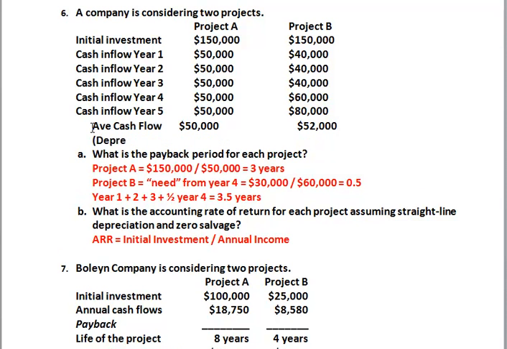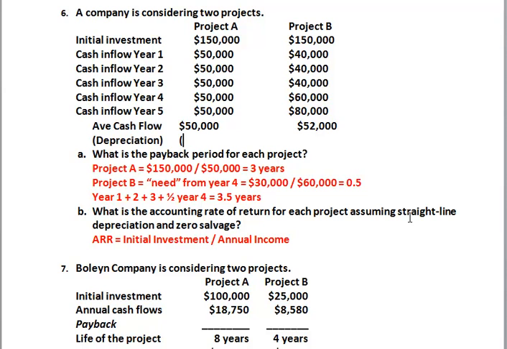Now, we need to subtract from that any non-cash expense. The non-cash expense that you're going to look at is depreciation. In here, to collect depreciation, you're only going to use straight line. Okay, so for straight line depreciation, remember you're going to take the cost of the asset, divide it by the useful life. We are not worried about salvage.